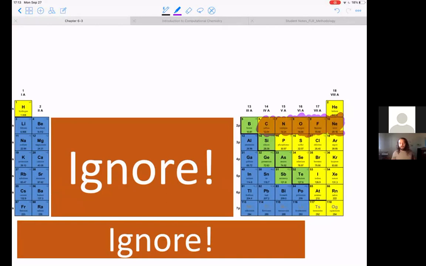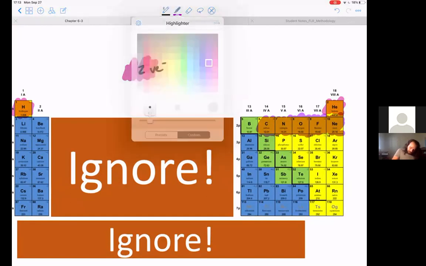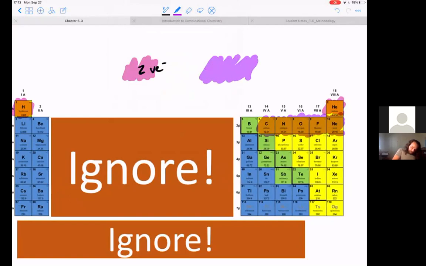Carbon will always have 8 electrons to complete its valence shell, same as fluorine. I'm going to leave off hydrogen and helium. Remember, we said that they require 2 valence electrons. The purple one, I said those are the normal ones, require 8 valence electrons.